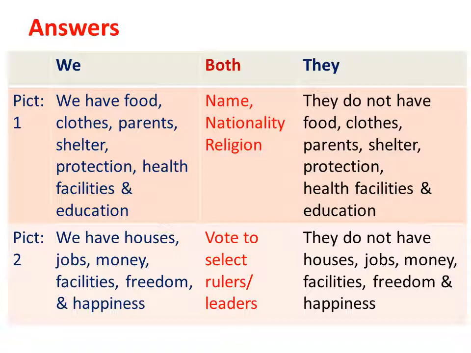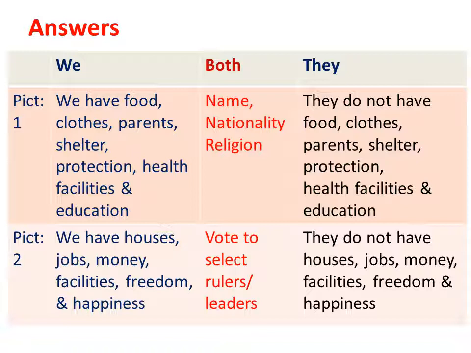Then if you go to the picture 2, we have houses, jobs, money, facilities, freedom and happiness, and good environment too. But they do not have houses. We can't say those places are houses. And they don't have jobs. If they had jobs, they would earn some money and they would build up their houses.